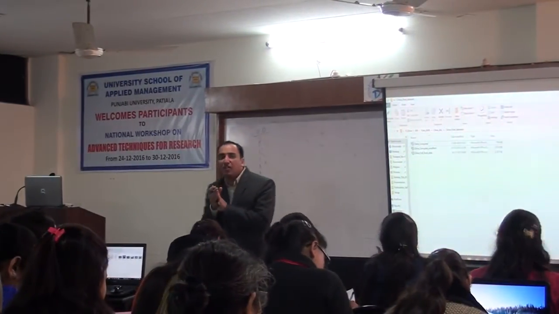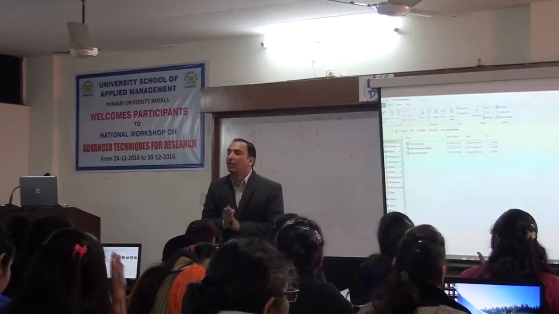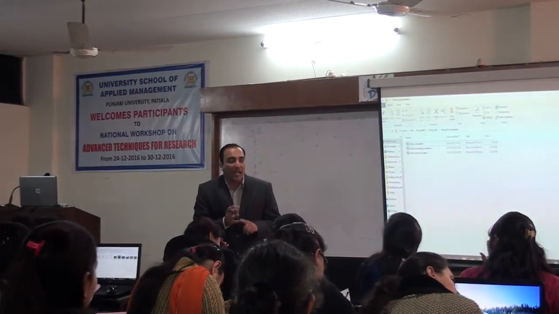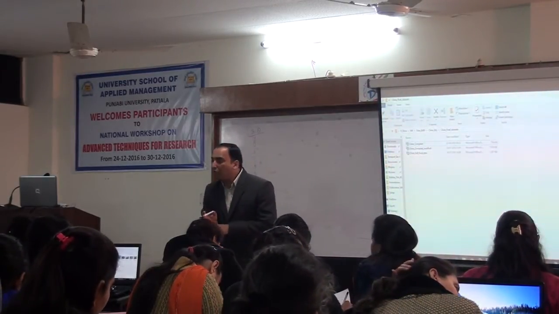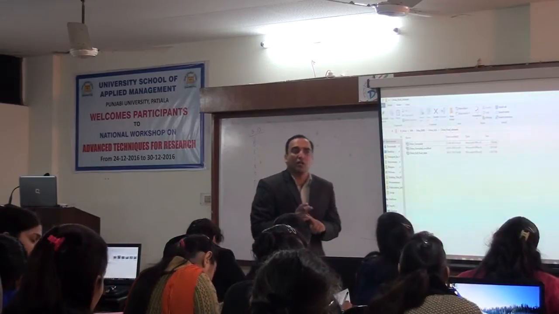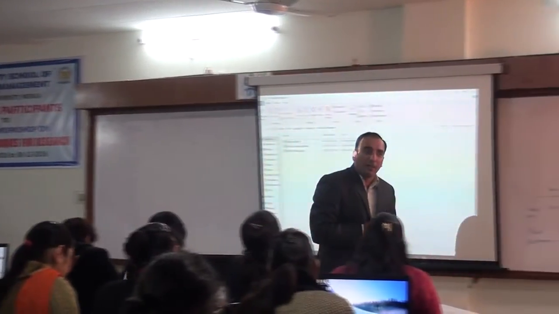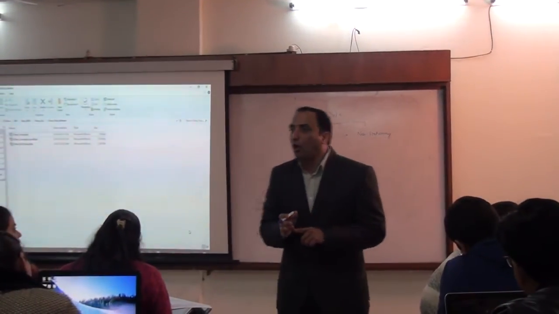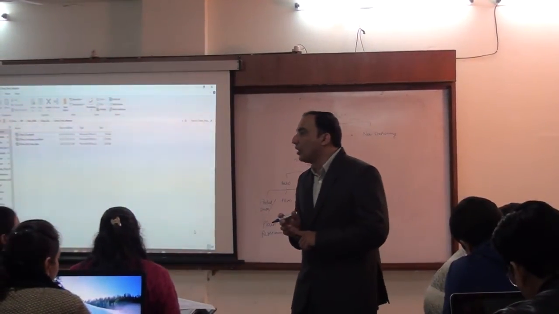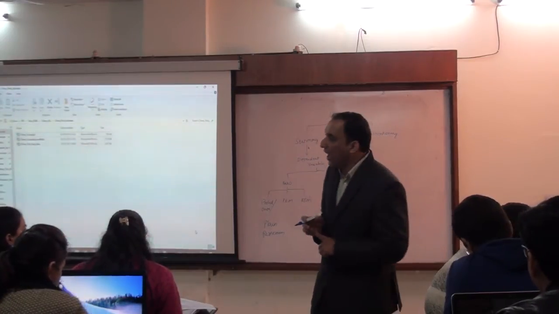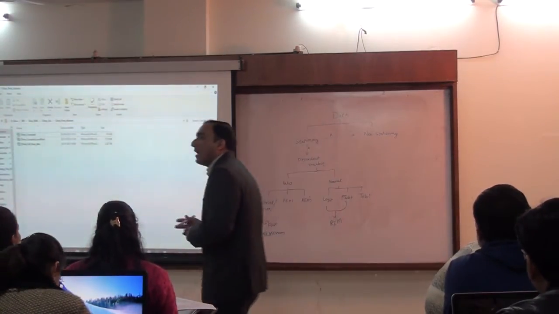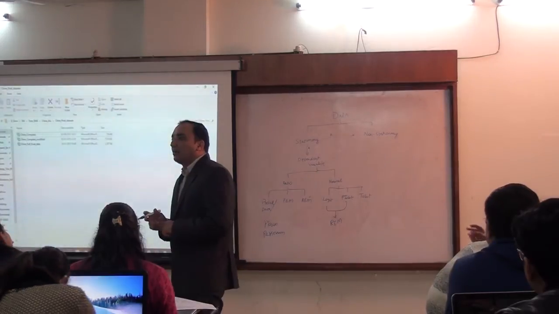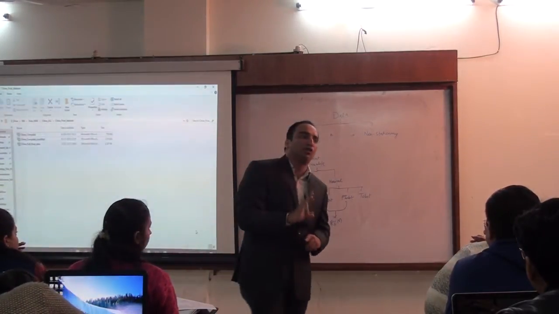Right? So you should understand the condition when which model is to be used. So if your data is stationary, you can use regression. If your data is non-stationary, you cannot use regression. If your dependent variable is ratio scale, you can use normal regression, you can use REM, you can use FEM. But if your independent variable is a dummy variable, you have to only use REM.